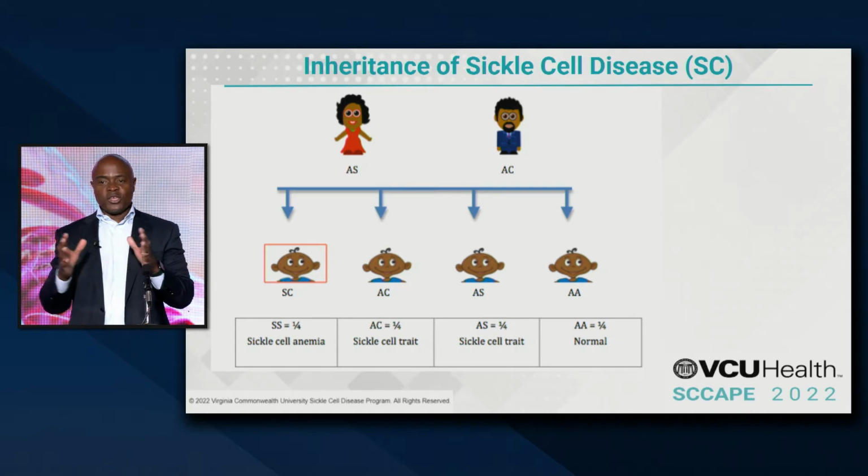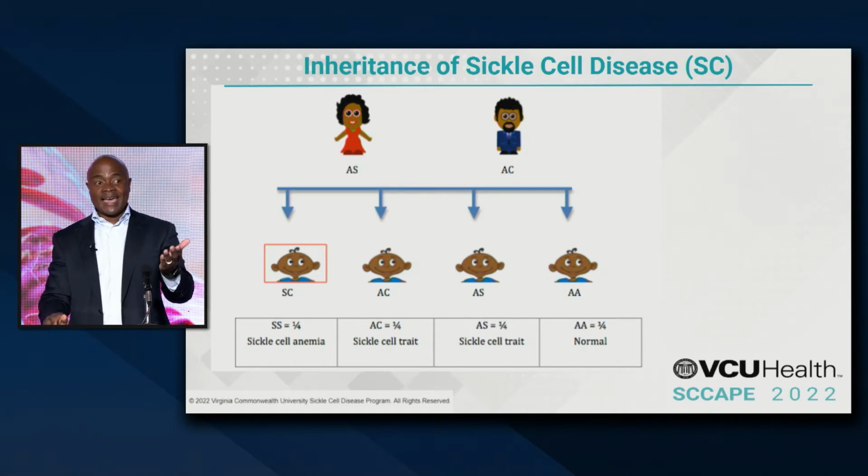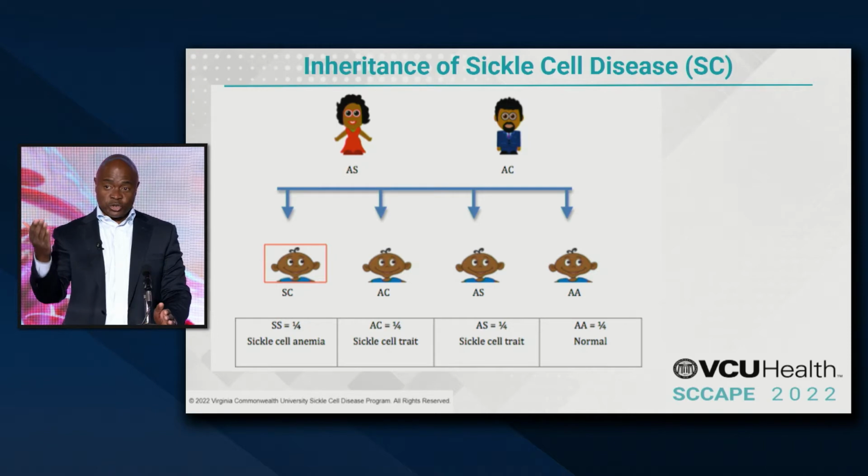And you can change this picture where one parent has SS, so they have sickle cell disease, and one parent just has the trait. You can map it out and see again what the risk is.